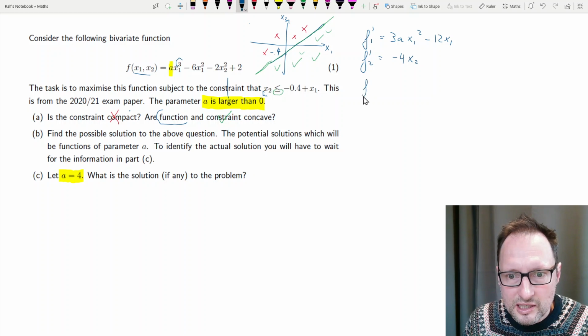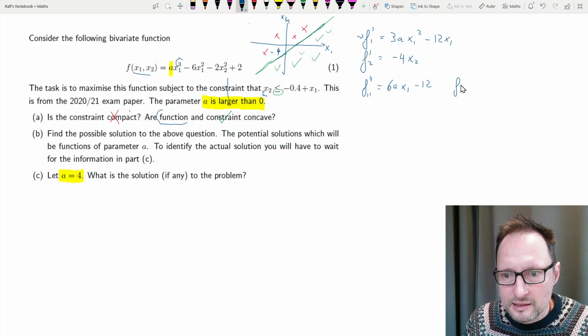And we look at the second order partial derivative, so taking that one and again finding a derivative with respect to x1, so that 2 comes forward, so we have 6a x1 minus 12. Then the derivative of this first order derivative with respect to x2 is 0 because there is no x2.